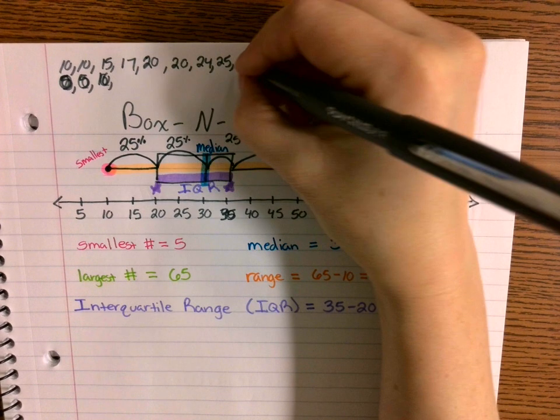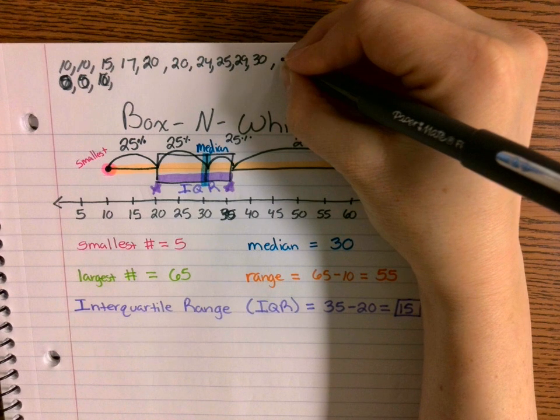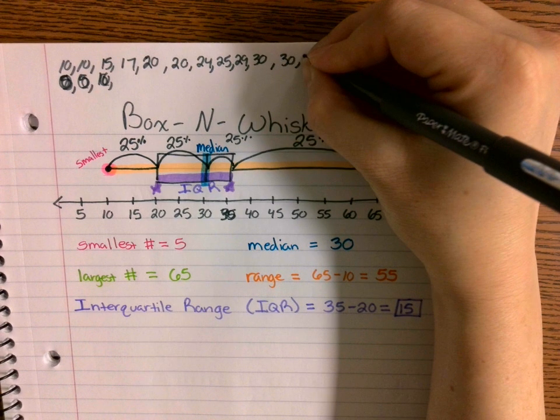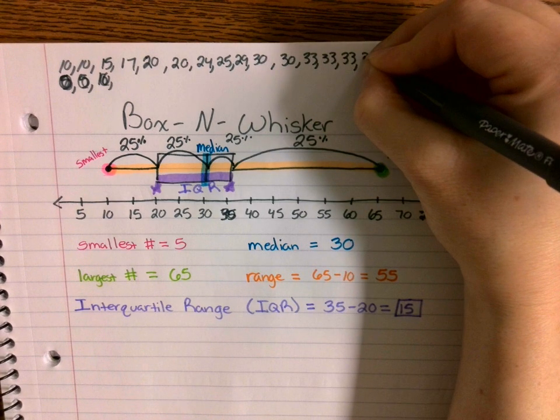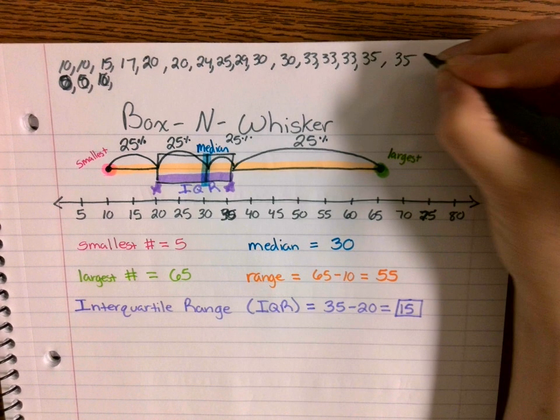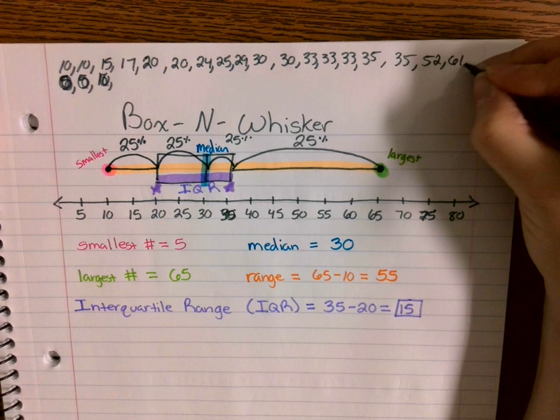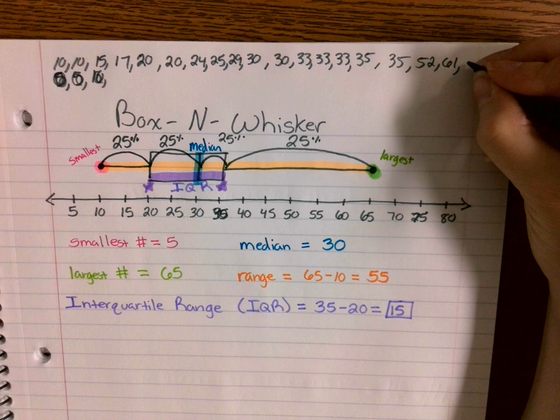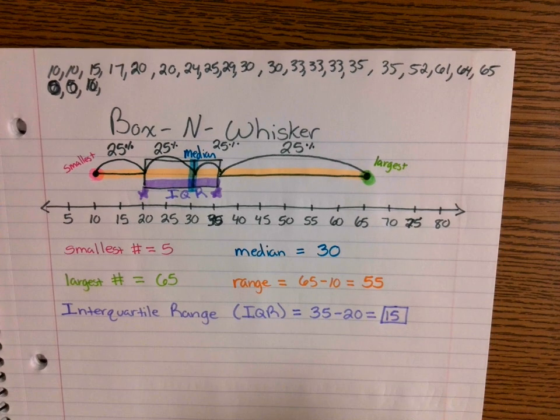And then we've got another set that's going to be 30, 33, 33, 33, 35. And then we've got 35, we've got 52, we've got 61, we've got 64, and then 65. So looking at this, that's 20 numbers in my data set.